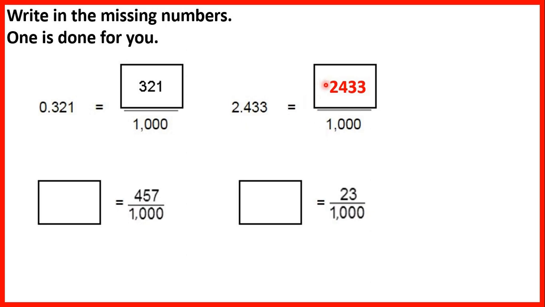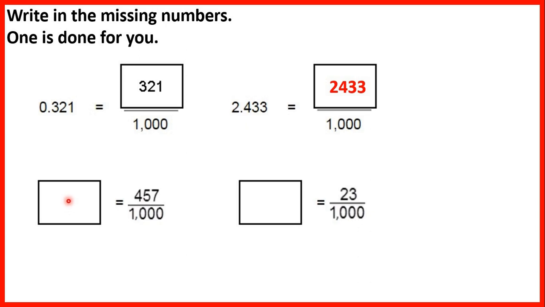And it makes sense that we have an improper fraction, because remember, improper fractions are greater than 1. Improper fractions have a larger numerator than denominator. And that makes sense because we have a decimal greater than 1 as well.